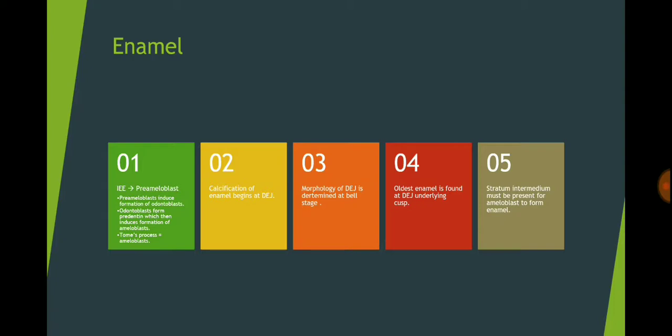Calcification of enamel begins at the DEJ, and the morphology of the DEJ is determined by the bell stage. So the DEJ is not the same in every tooth. Sometimes the DEJ is too close, for example, where the dentin and the enamel meet.